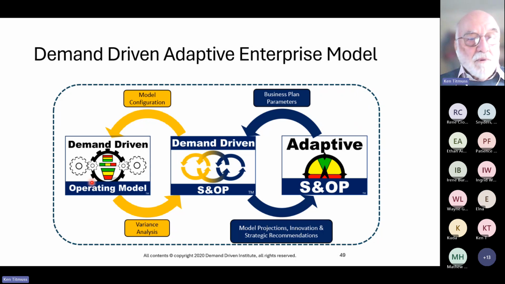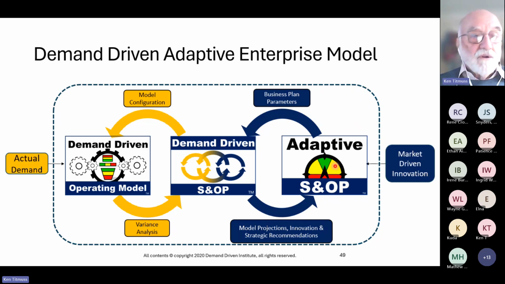We're taking that operating model and we're projecting it into the future, and we're coming up with model projections, innovations, and strategic recommendations, which are going back to the strategic adaptive S&OP process. So now we have this bi-directional process within our business, which is really proving to be pretty useful.